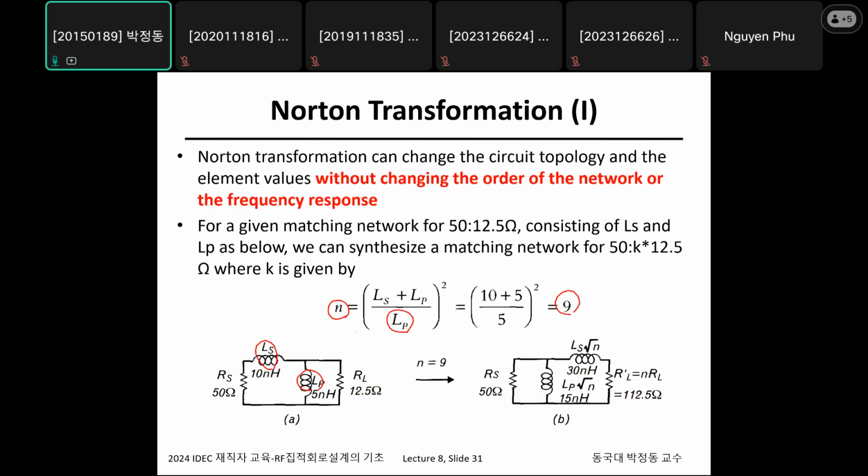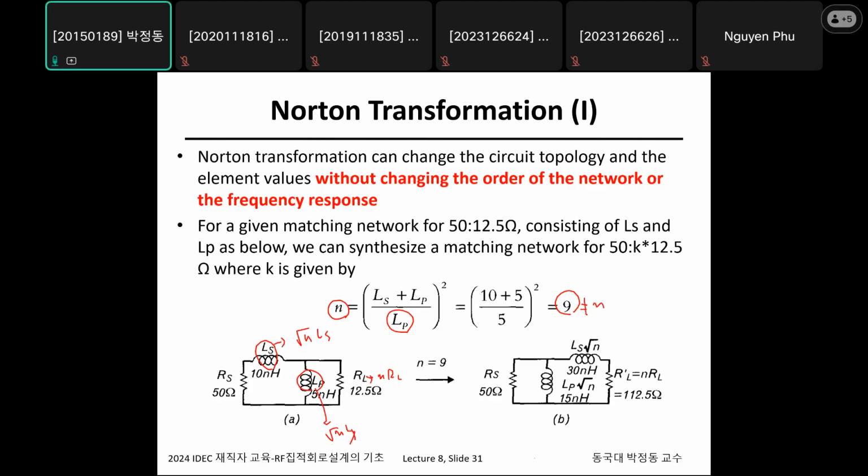When n is 9, you may just convert this way. RL becomes n times RL, LS is square root of n times LS, and LP is square root of n times LP.